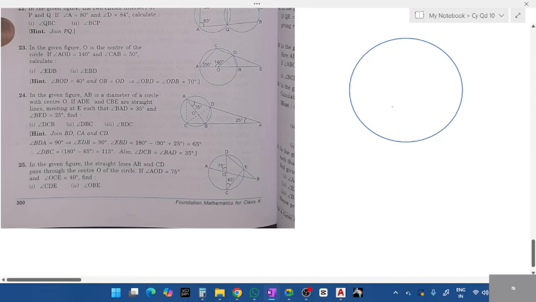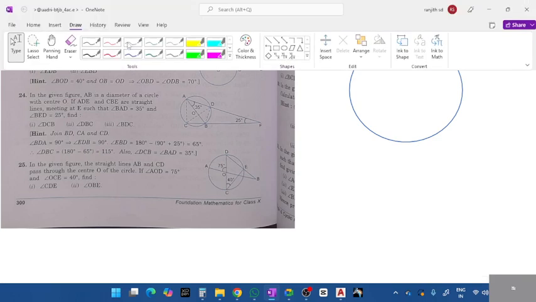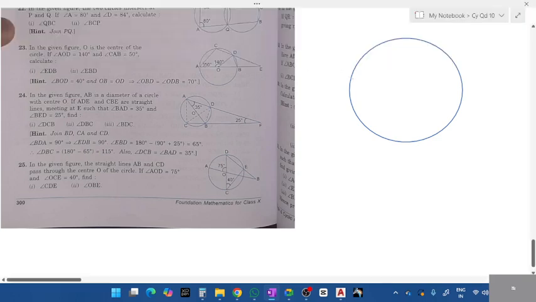In the given figure, AB is a straight line and CD passes through center O. Then what kind of line is CD, students?